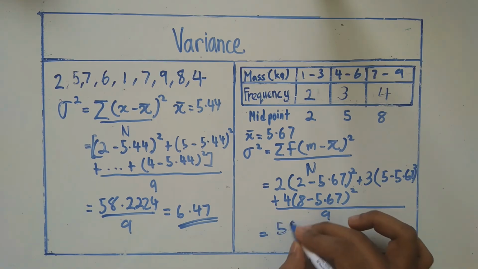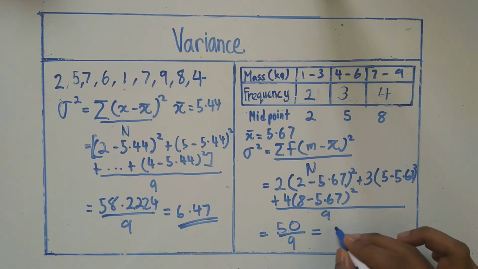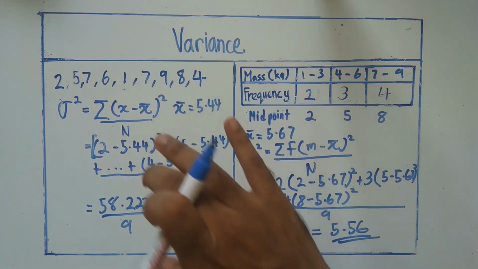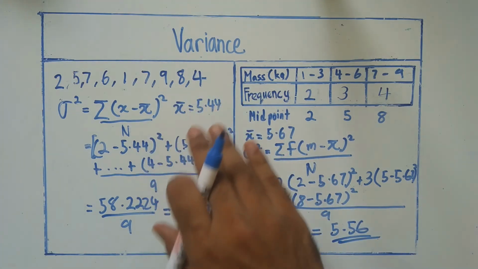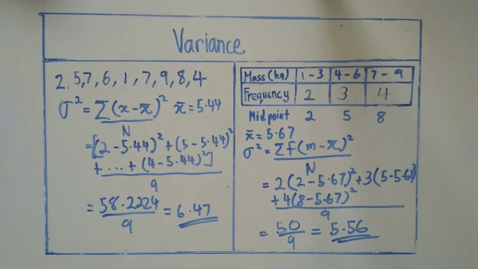You'll get 50/9, which yields us 5.56. The variances are different in each case because the ungrouped data consists of the original dataset, and this is an estimate of the dataset.